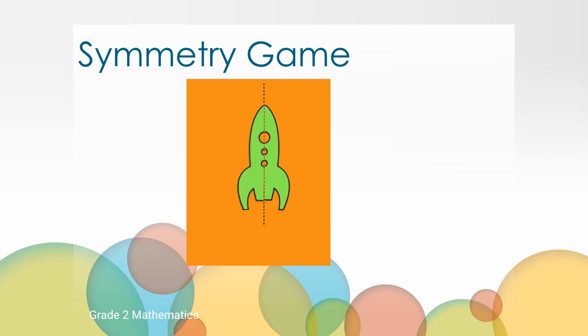Wow, that was a tricky one. As a mathematician, you persevered and you did not give up. Awesome job. Did your drawing look like a rocket ship? Let's do one more challenge.